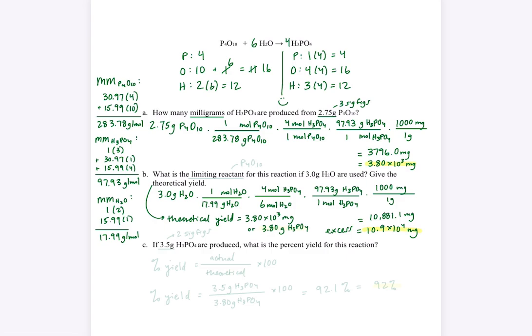So our limiting reactant in this case is the P4O10. And this is the value we're going to carry down to part C.